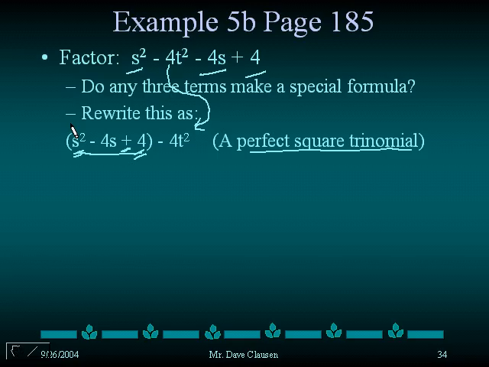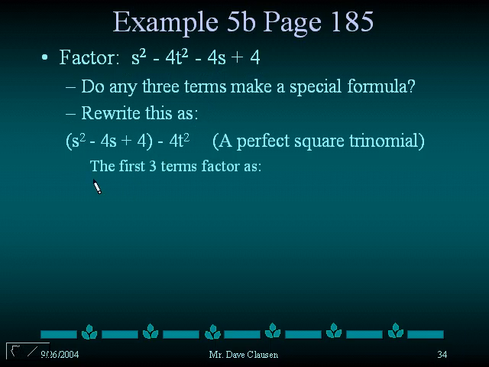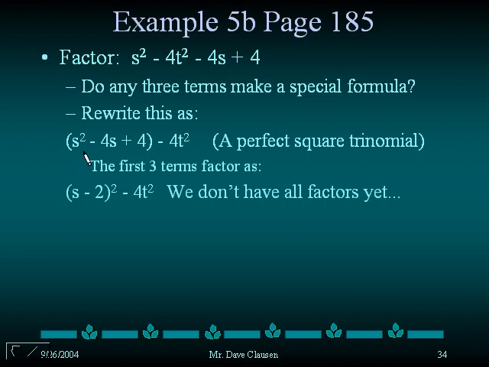And when we take their two square roots, s and 2, multiply them to get 2s, double it does give us 4s. So that factors as the square root of the first one, square root of the last one, sign of the middle one. Now what we have here is parentheses squared minus 4t squared. We're not done.